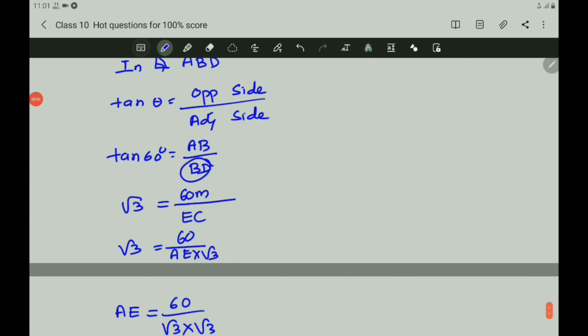Here in the place of BD you have taken EC. You can write the reason here because BD equals EC. And here we used the relation EC is equals to AE into root 3, that is from the first.